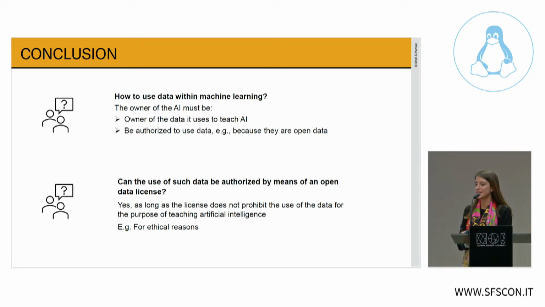Of course, it is an issue under development, but I hope to have given you some reason to reflect on this topic, given the high importance of industrial data within the machine learning process. Thank you very much.